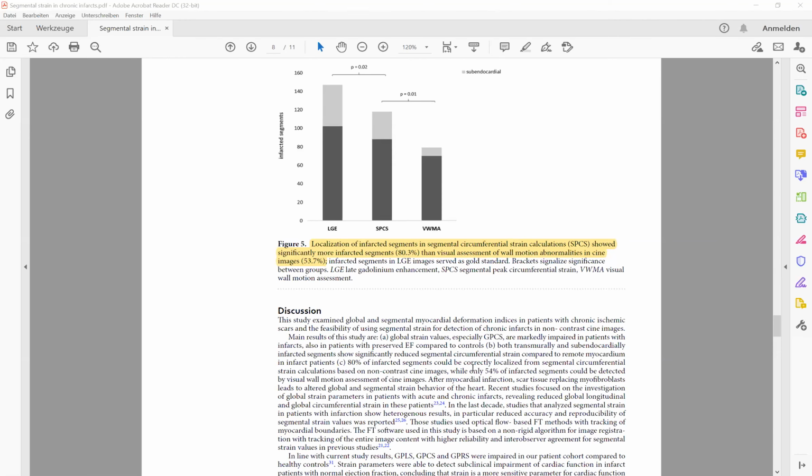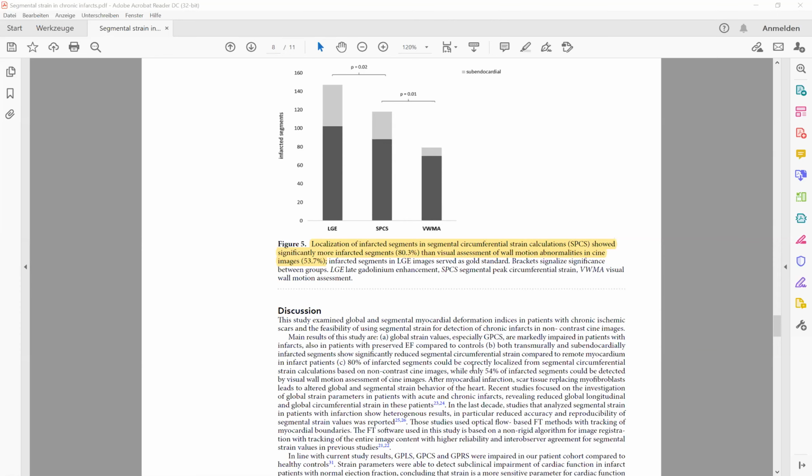Yes, so that's also something that is quite important. In normal feature tracking software, you have to put an endocardial and epicardial border to define myocardium. In this software, it is image registration. So the endocardial and epicardial borders are supporting the system, but every pixel is propagated, like is followed. So not only the endo and epicardial border. Maybe that's also one reason why it's working segmentally, because many softwares that don't work with image registration only detect the borders of endocardium and epicardium.